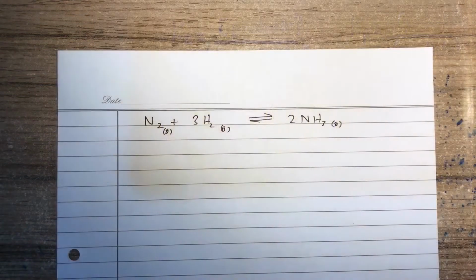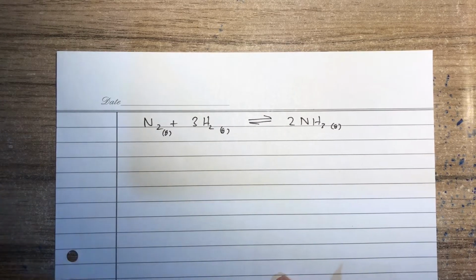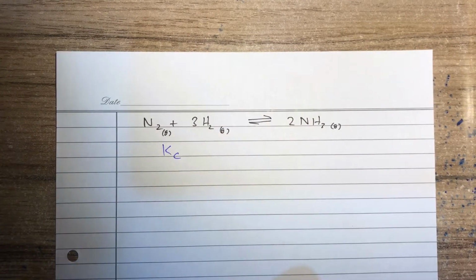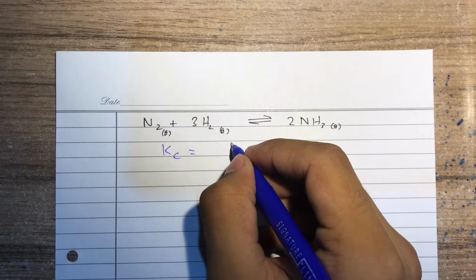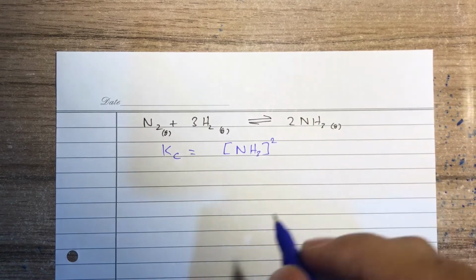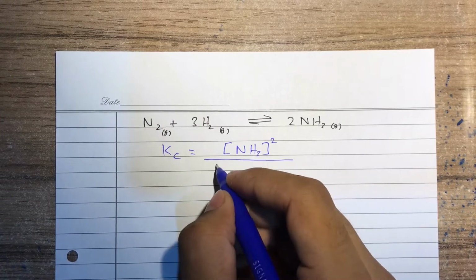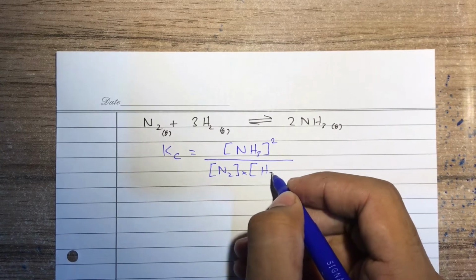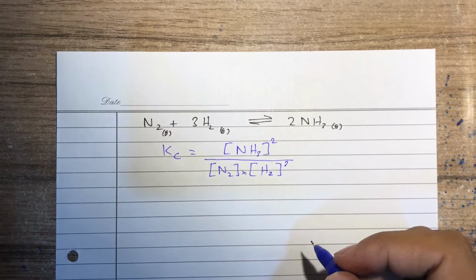So next thing that we'll discuss is how to find the units of Kc or Kp. So in the first example, we have the equation for the Haber process, and we have to find the units for Kc. Now the formula for Kc was concentration of products upon concentration of reactants. So for products, we'll have concentration of ammonia, and because there are 2 moles, we'll have a square over here. For reactants, concentration of nitrogen times concentration of hydrogen, because there are 3 moles, so a cube over here.